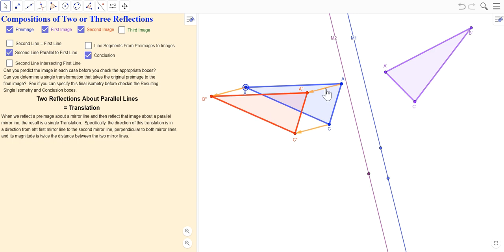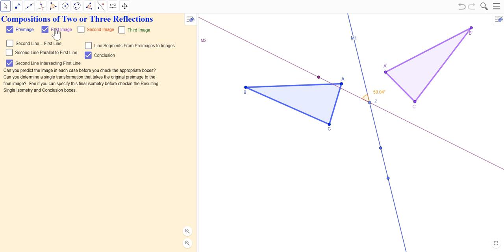And specifically, this vector is twice the distance between the two lines, and it's in the same direction as from the first line to the second one, perpendicular to both mirror lines, and the distance is twice as far. So we made those conclusions last time.